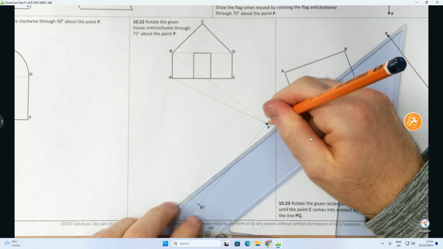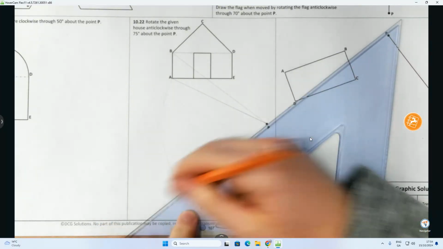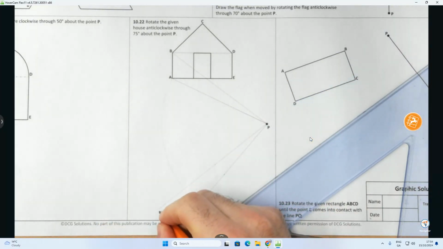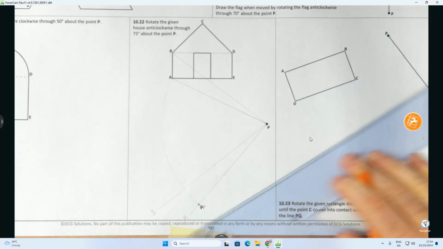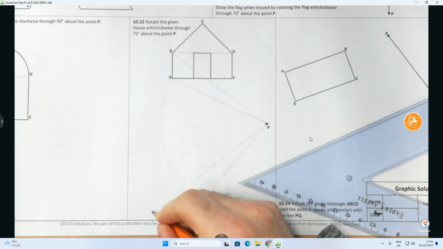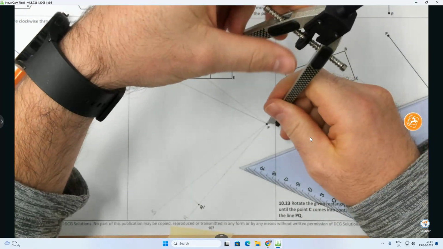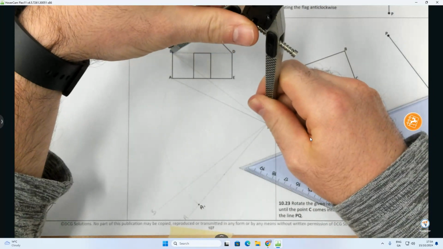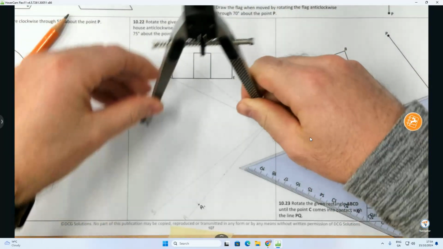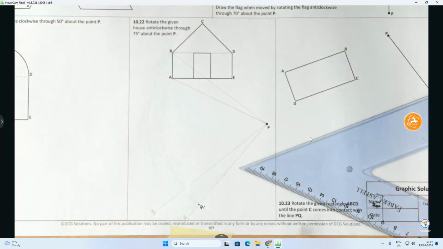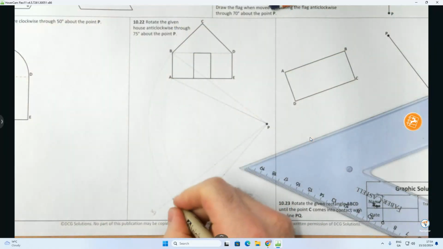Now on this line here is going to be where the new B is. So how do I do it? There's B, marked B, you can see I've marked it. Get my compass and continue in this sequence. There's B. Rotate it around, nice and light. I've now found B1.